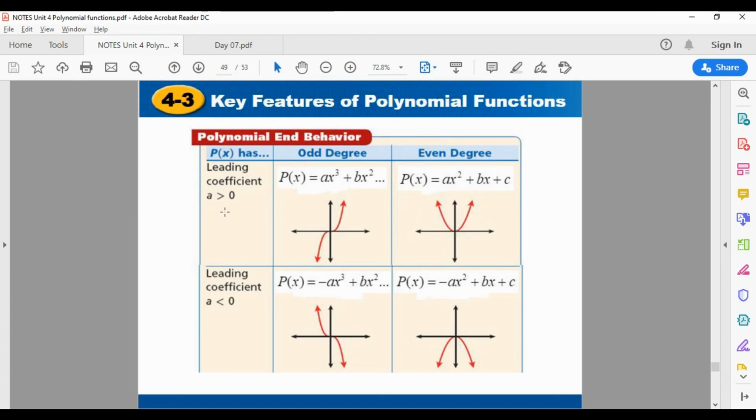So when your leading coefficient is positive, if it's an odd degree, it follows this format, and if it's an even degree, it follows this format here in the upper right. If your leading coefficient is negative, if it's an odd degree, it follows the lower left, and if it's an even degree, it follows the lower right.